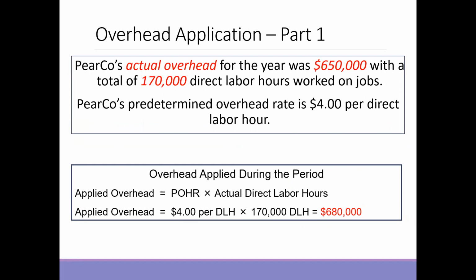So 4 times 170,000 direct labor hours means we applied 680,000 to jobs. But guys, our cost was really only 650. You see that? You see we over applied to jobs? We said they cost more than they really did cost.